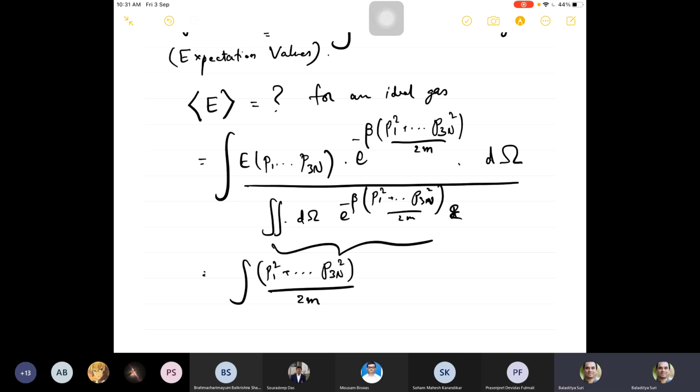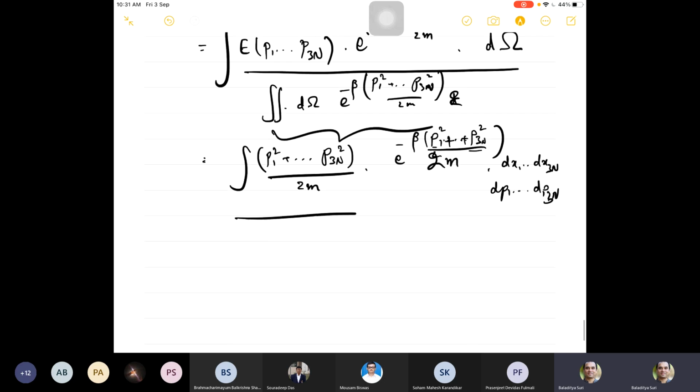Times e to the power of minus beta p1 squared so on up to p3n squared divided by 2m times dx1 so on to dx3n and dp1 so on to dp3n. Sorry, the terms are getting longer and longer.